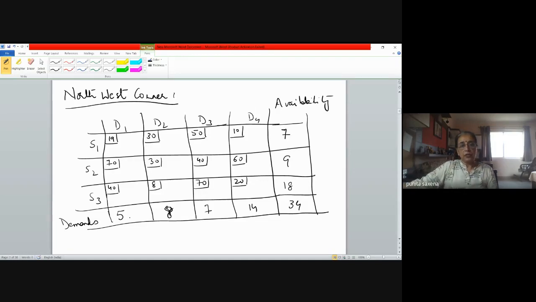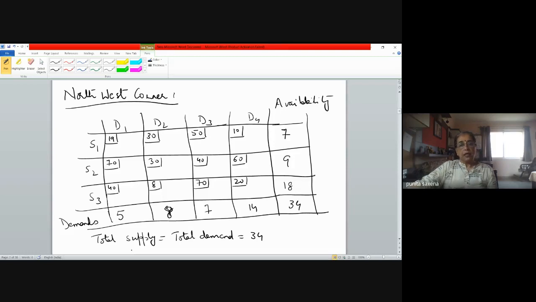Okay. So just check whether the last row also adds up to 34 or not. Yeah. So that means we are very clear that total supply, which is equal to the total demand, is equal to 34.